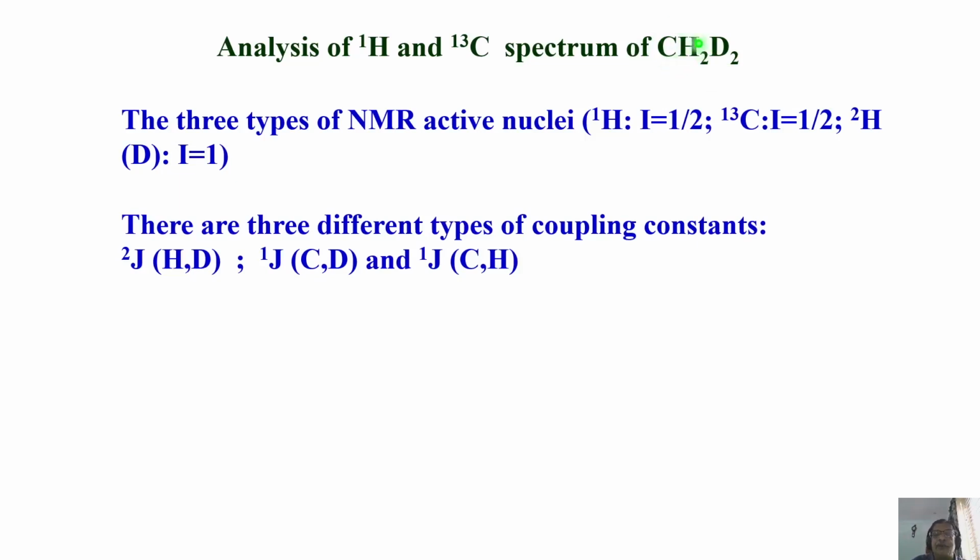Remember, this proton will be coupling to deuterium. What is the deuterium spin? Spin 1. Use the same familiar approach. The two deuteriums, which are magnetically equivalent, will split these two protons because of J coupling.